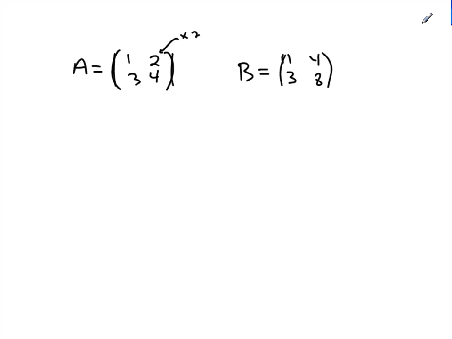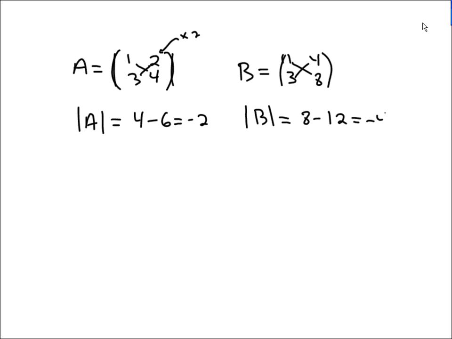Okay. Now, what is the determinant of A? The answer is it's 1 times 4 minus 3 times 2. It's negative 2. And what is the determinant of B? Well, it's 1 times 8, 2 times larger than 1 times 4, and minus 3 times 2, which is 6, because 3 times 4 is twice as much.